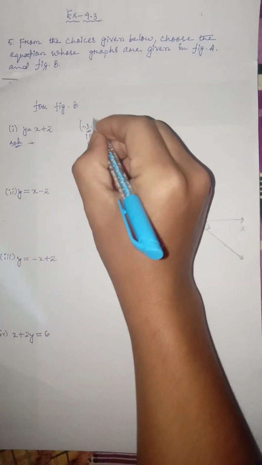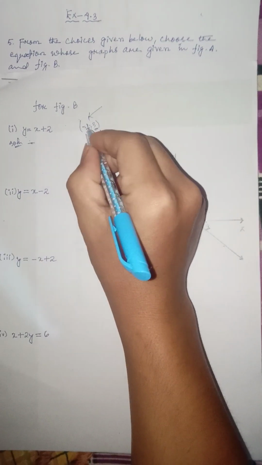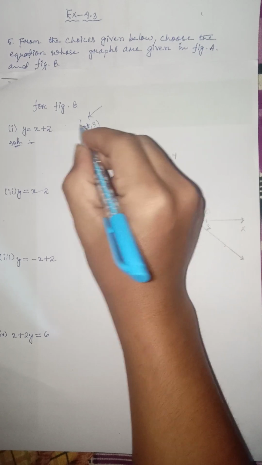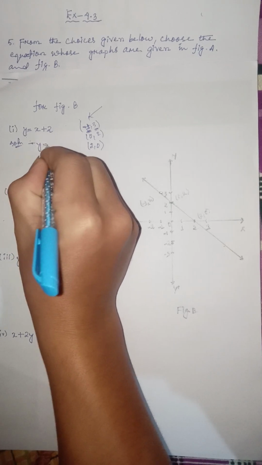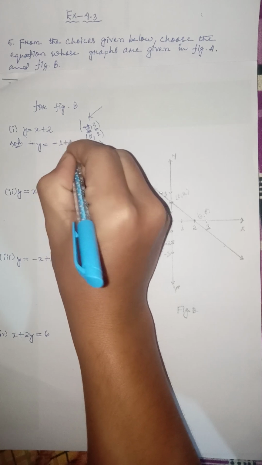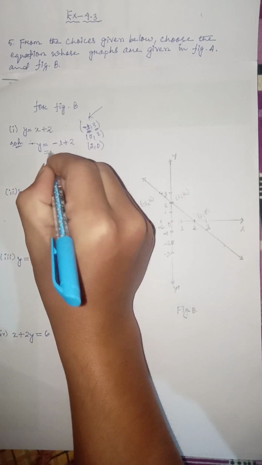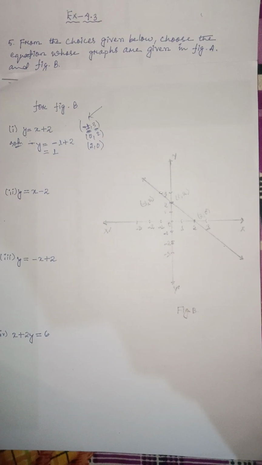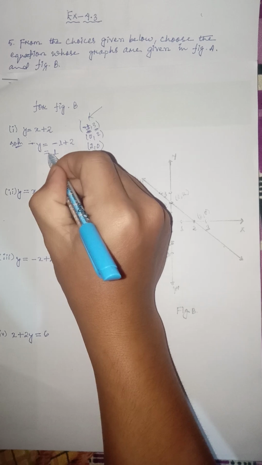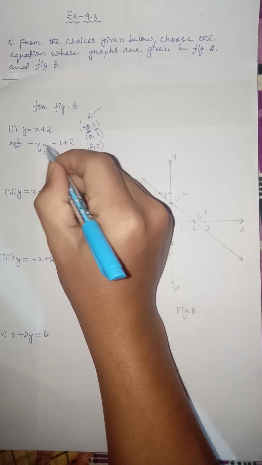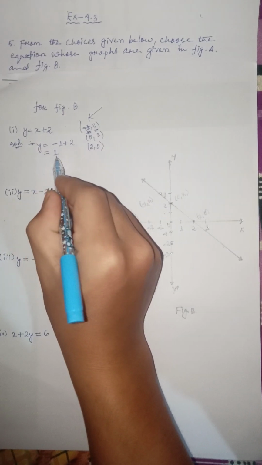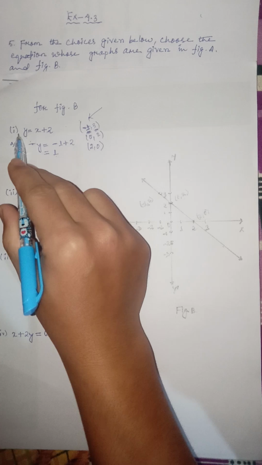Firstly, let us put x is equal to minus 1 and test this. When x is equal to minus 1, it should be minus 1 plus 2, right? Minus 1 plus 2 will give you 1. Without going much further, we can see that whenever x is equal to minus 1, the y value is 1 in the case of Roman number 1, right?